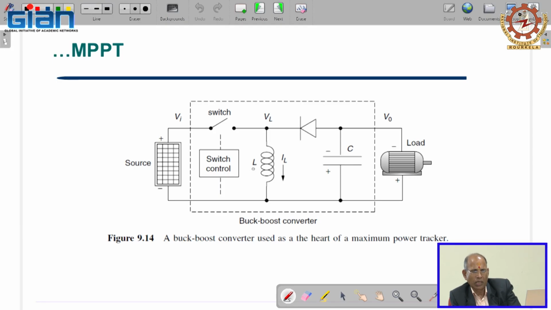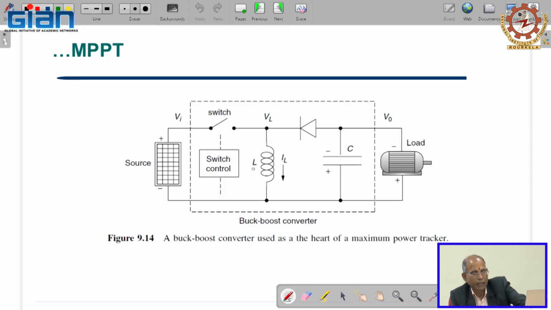So you have the PV system, sources, then DC motors, and in between we are using the converter, which is basically a high frequency switch, inductor, capacitor, and the diode connected in reverse bias.